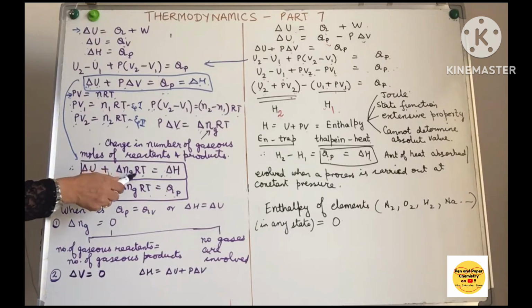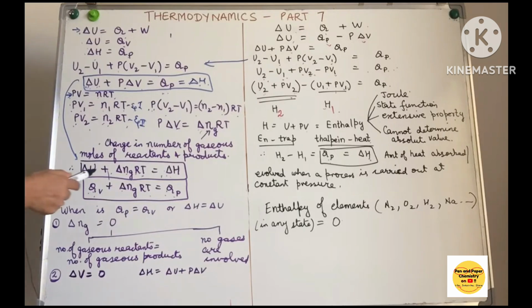Of course, R cannot be 0. T cannot be 0 because not all reactions will take place at 0 degrees Celsius, and anyway, we are talking about absolute temperature over here, so minus 273 degrees Celsius. So, what are we left with over here? Delta ng.